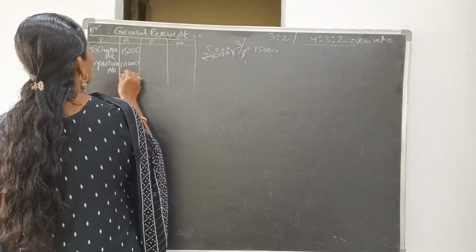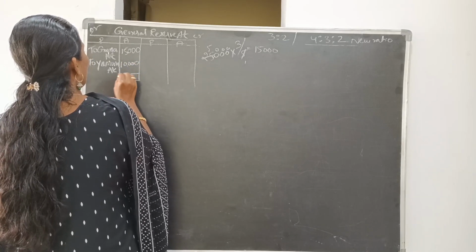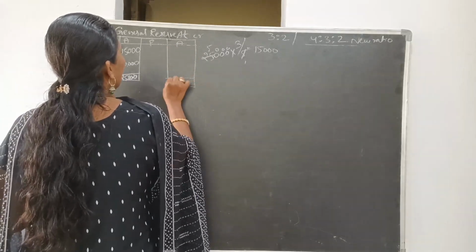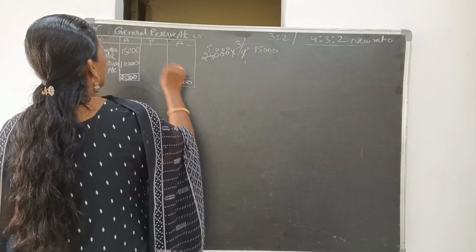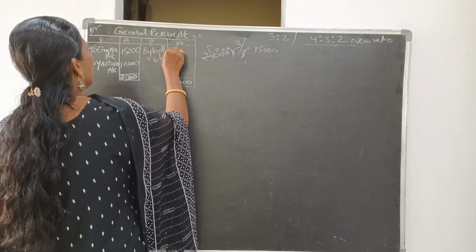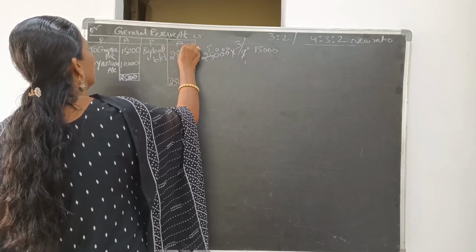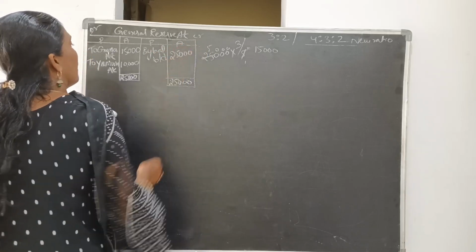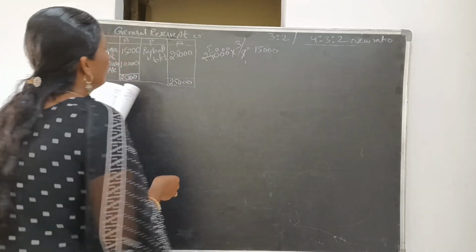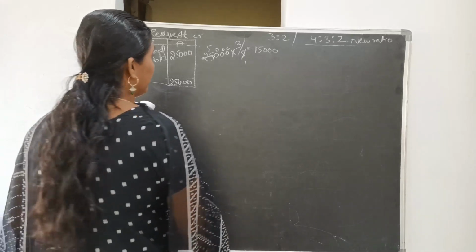So close the account by writing 25,000, and here write by balance brought down 25,000. So we distributed it among the partners.